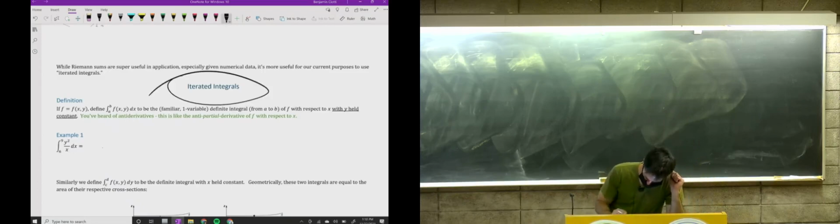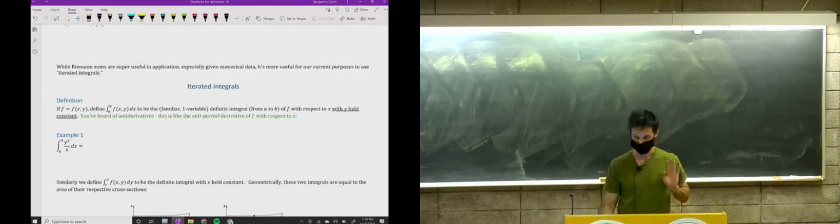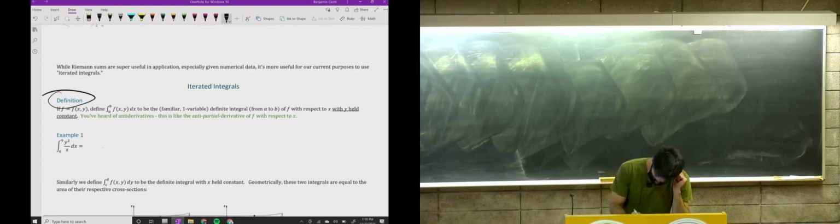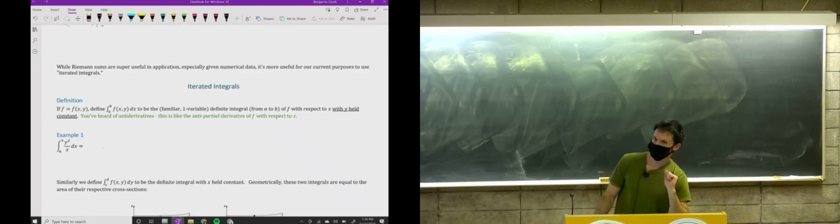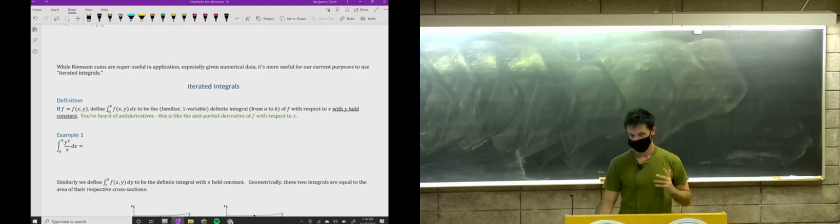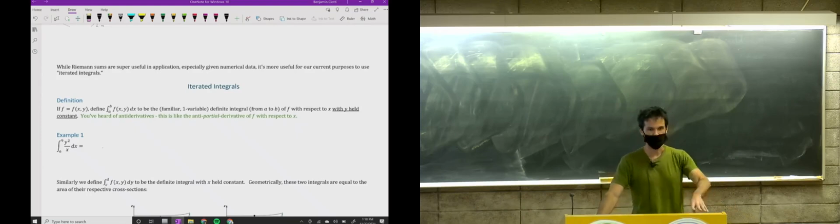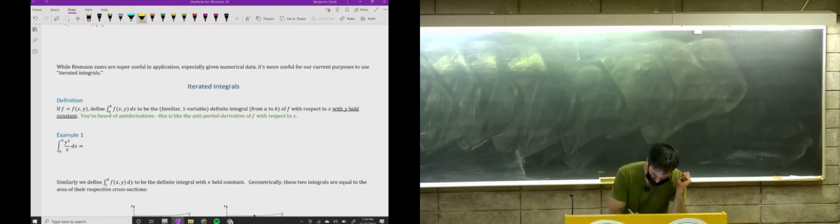So let me start talking about iterated integrals. What are they? What are they good for? For starters, let me make a definition clear. This is kind of going to be the inverse operation of taking a partial derivative. So suppose we have a function of two variables, f of x and y.